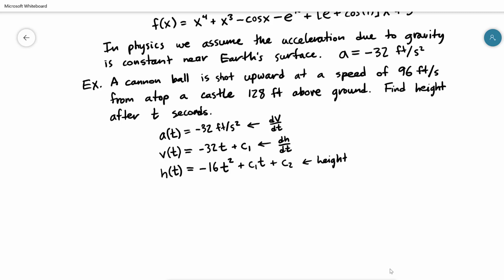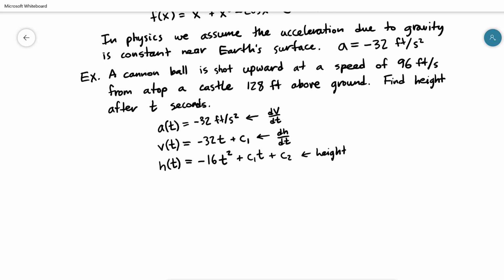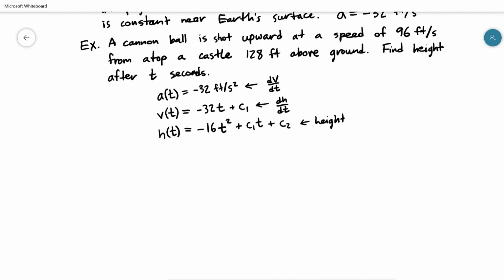To figure out what these two constants are, we can use the information that's given in the problem. We're given two pieces of information, one about the initial velocity and one about the initial height. And we can use those two to find c1 and c2.